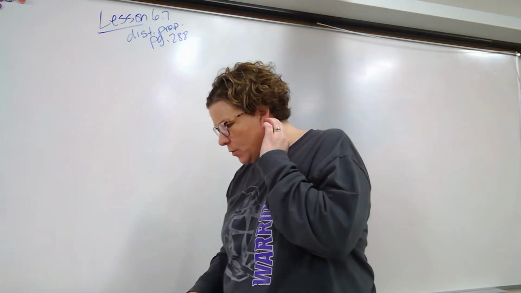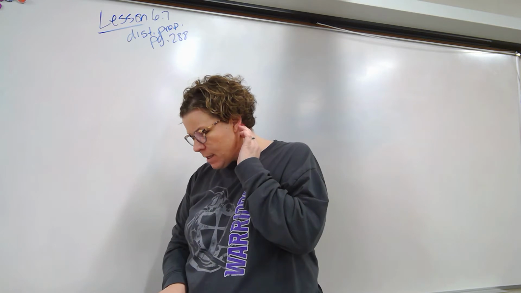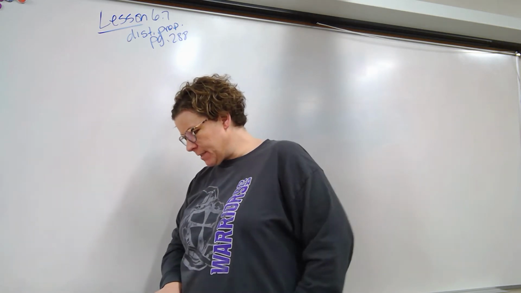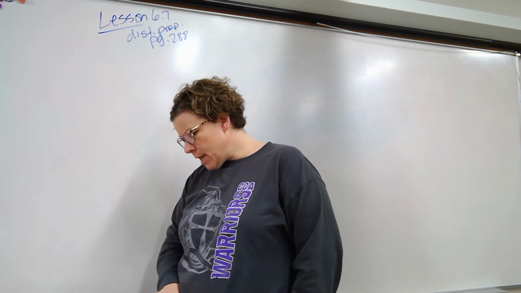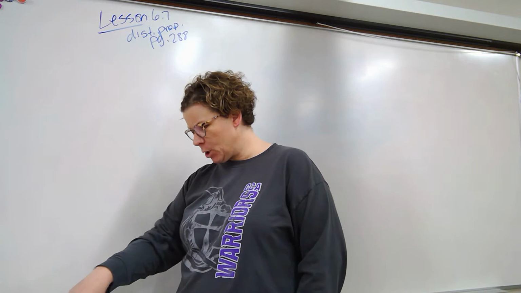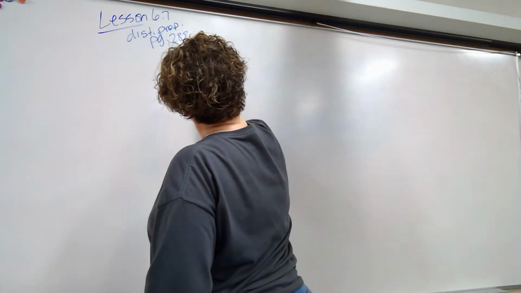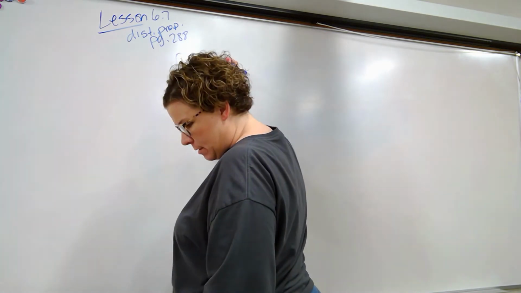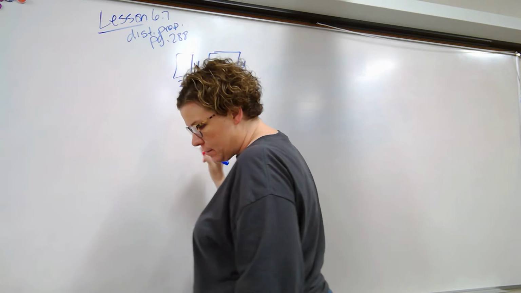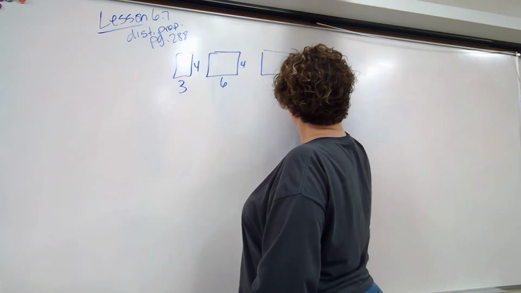If you look on page 288, it gives us an example using blocks. You can find the total area by finding the sum of the areas. It's from the theater paragraph up there at the top. If I've got a block that's 3 by 4, and a block that is 4 by 6, and I put those two together, I get 9 by 4.